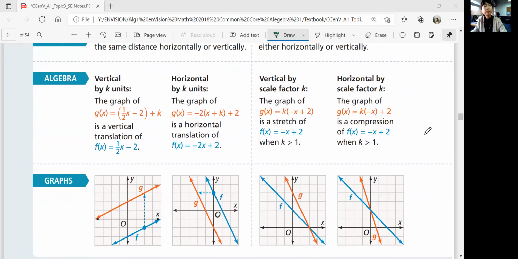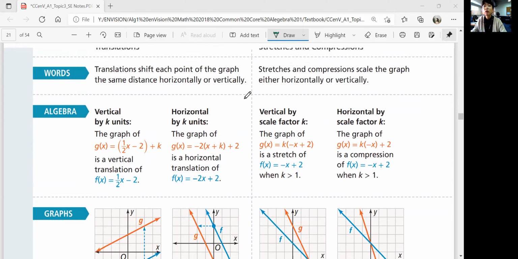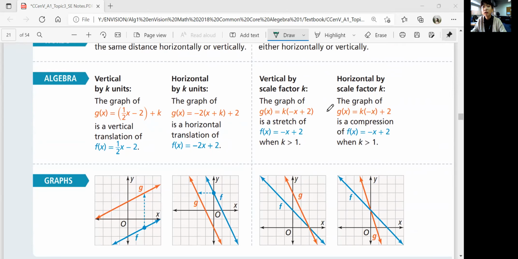So some recap: vertical translation would be adding k to the entire function. Horizontal translation would be adding or subtracting k only for the domain. Vertical stretch and compression would be multiplication for the whole thing, whole row, and horizontal stretches and compression would be just multiplying a constant to the domain.